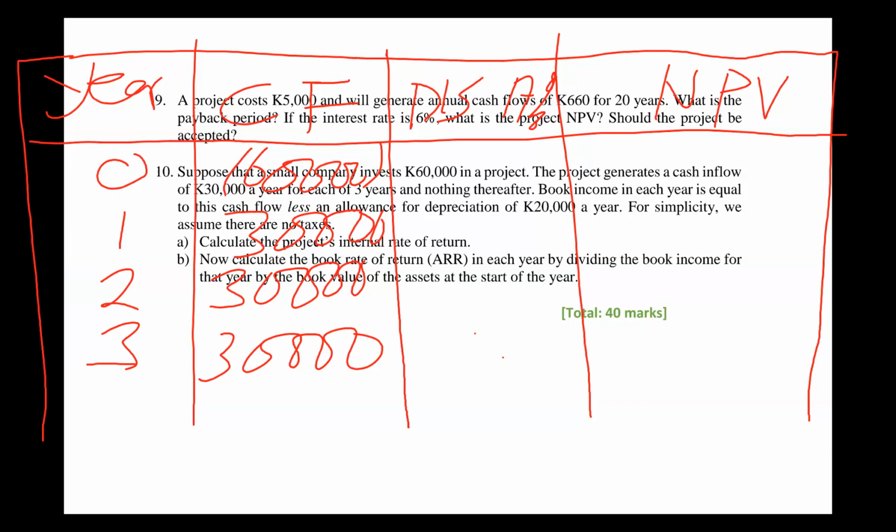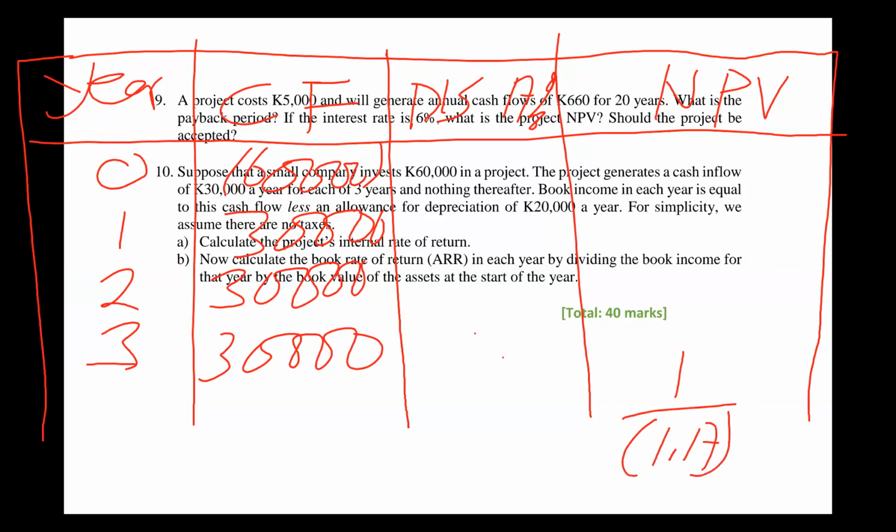So let's discount these cash flows at 17% and see the NPV. To discount, you just say 1 divided by 1 plus R, to the power n. I'm now teaching you NPV and the IRR at the same time.